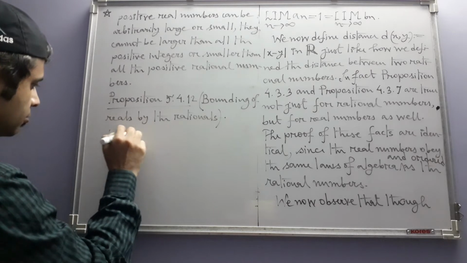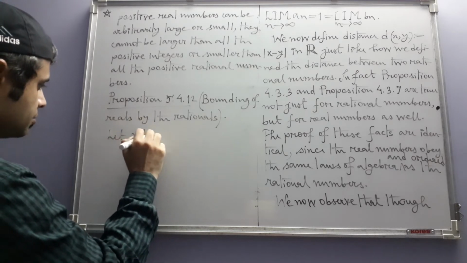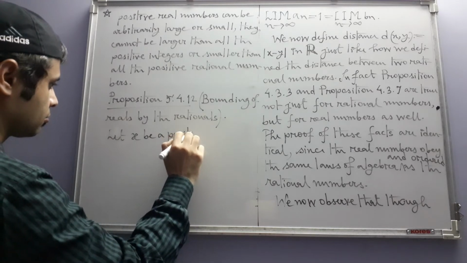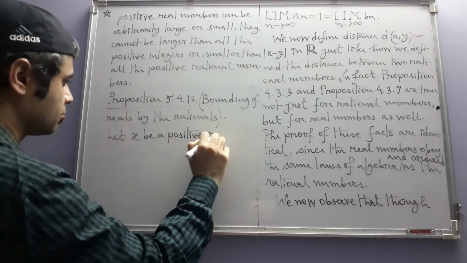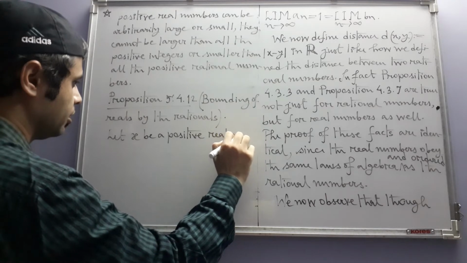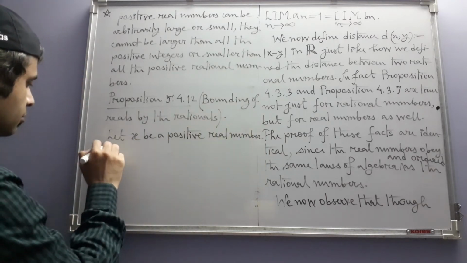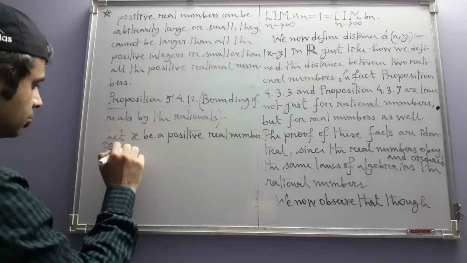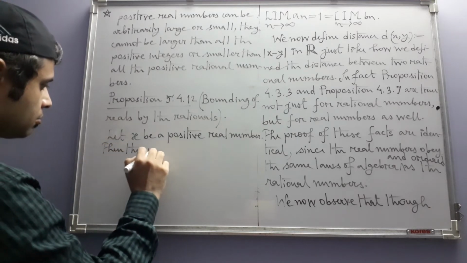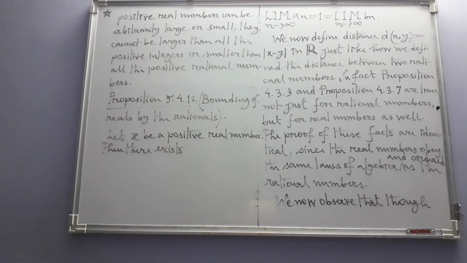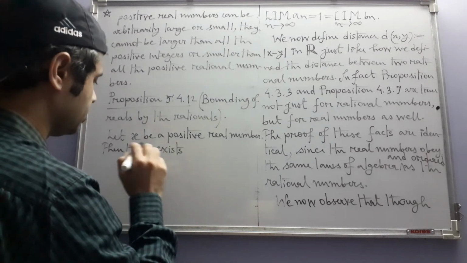Let x be a positive real number, then there exists a positive integer and a rational number.